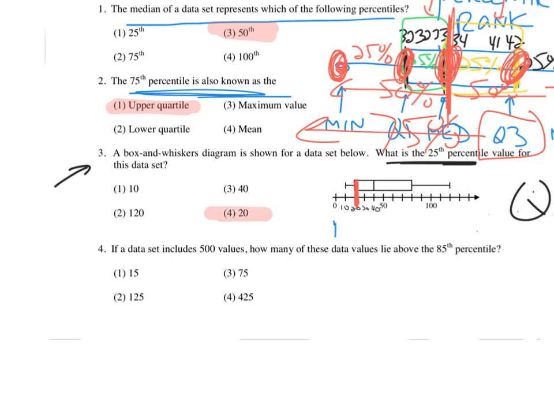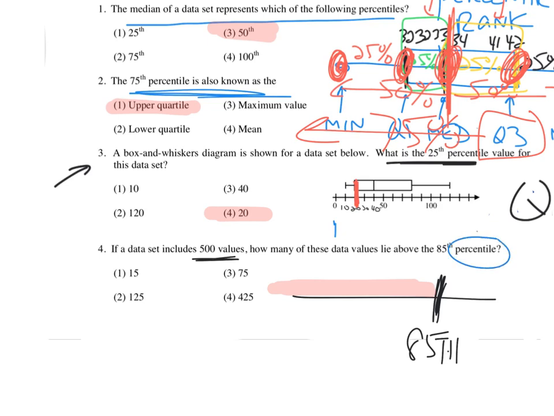Finally, if a data set has 500 values, how many of these data values lie above the 85th percentile? Well, here's how percentile rank works. Percentile rank gives the approximate percentage of the data that's less than the given value. The key is percentile rank is the approximate percentage that's less.